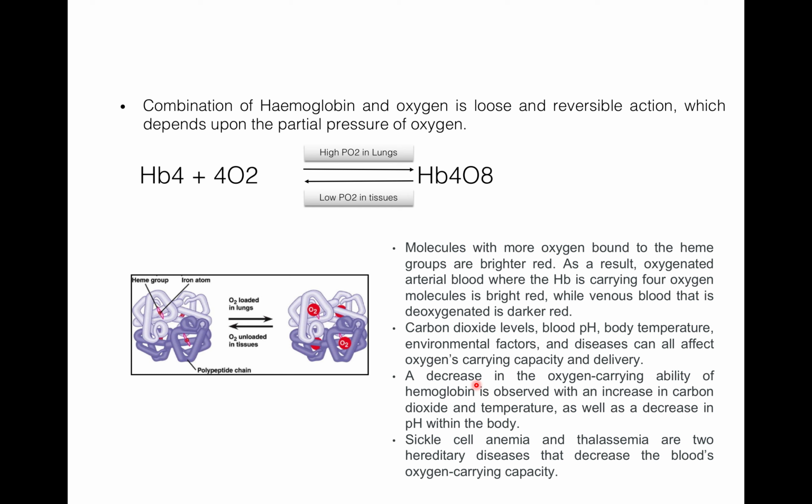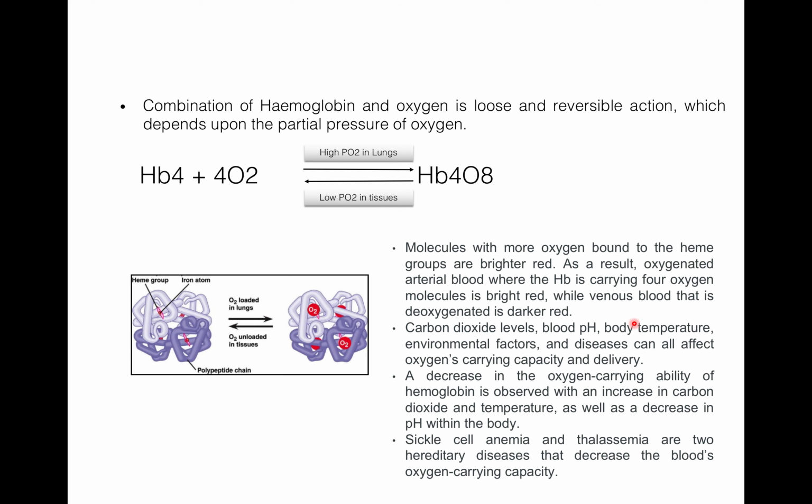Now, there are some factors which cause dissociation of hemoglobin and oxygen. First is the carbon dioxide level, blood pH, body temperature, environmental factors, and disease. They all affect oxygen carrying capacity and delivery.